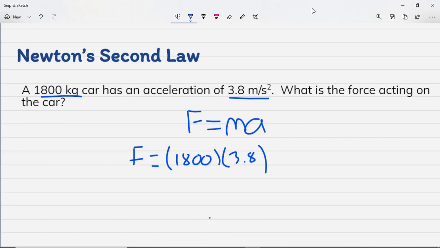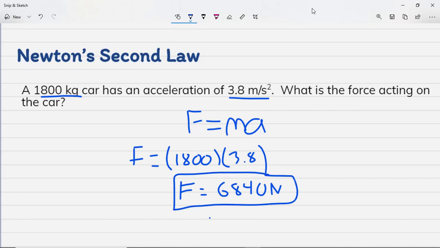We just simply plug into our calculator and solve. And what we get is a force that is equal to 6,840, and don't forget your unit there, newtons. So again, a very straightforward problem to go through and solve, but an important one for us to be able to know how to calculate.